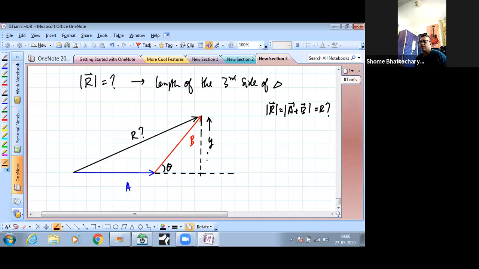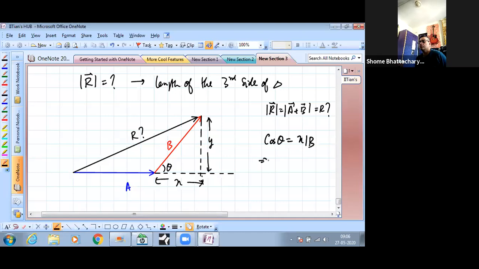Now, if this side is y, okay, and this side is x, then by using trigonometry in this right angle triangle, you can see that the hypotenuse is the quantity B. Okay. And this angle is theta. So we can just make use of trigonometry that cos theta is base upon hypotenuse.